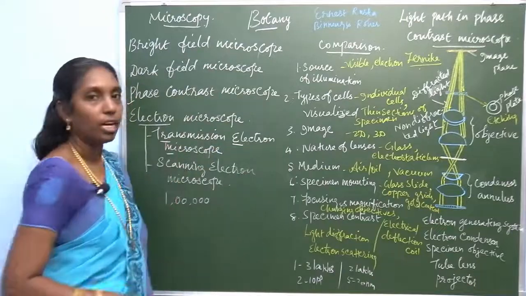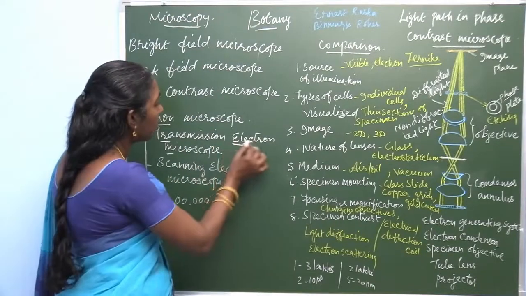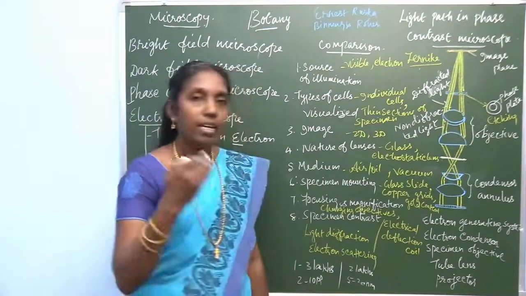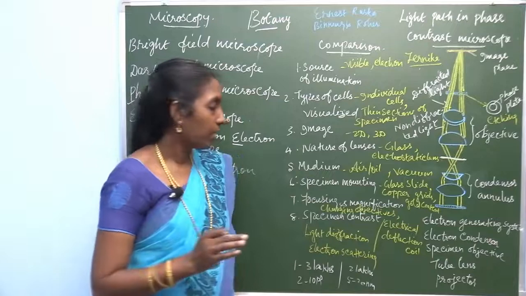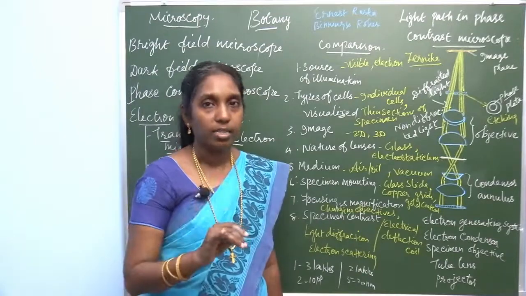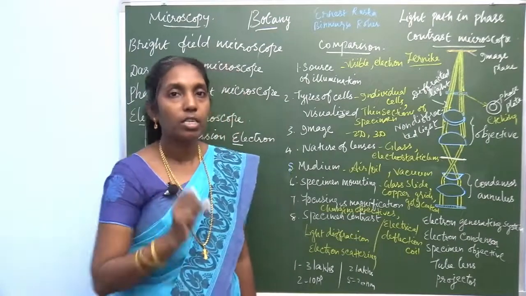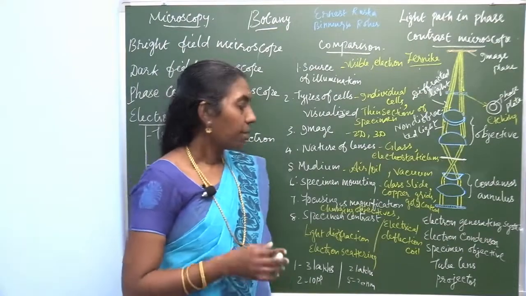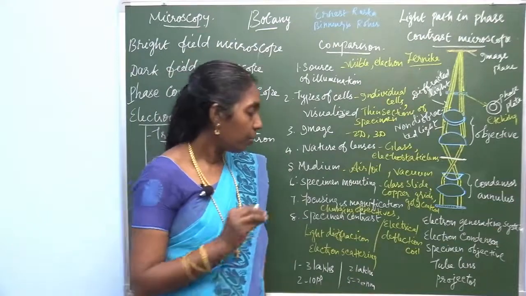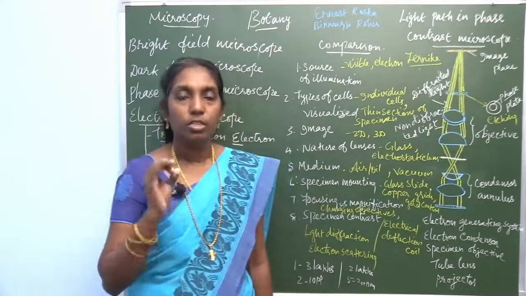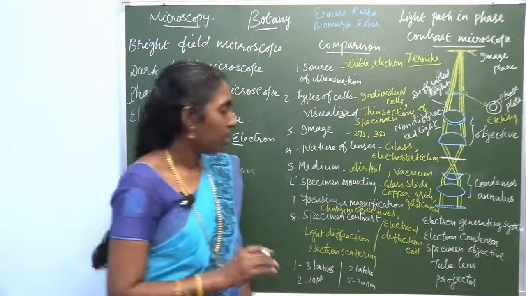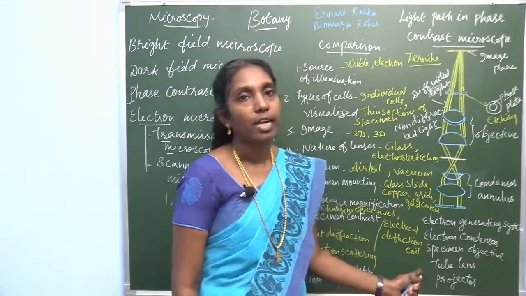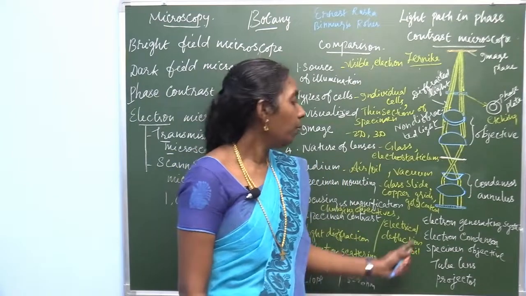By the name itself you understand, electron microscope, the electron generating system operates, and an electron condenser is used instead of a normal condenser, and the specimen objective, tube lens, and a projector. These are the components present in the transmission electron microscope.